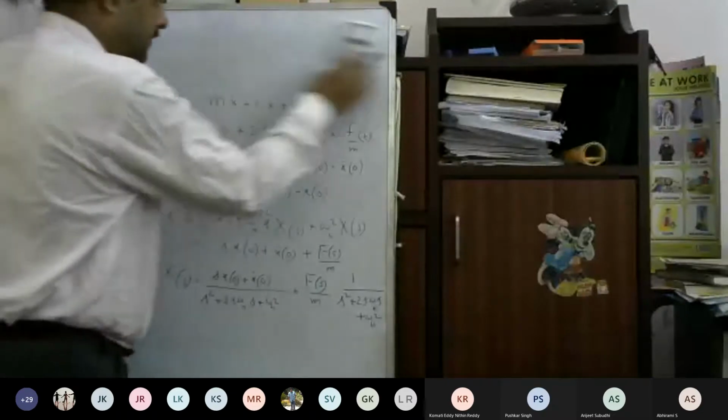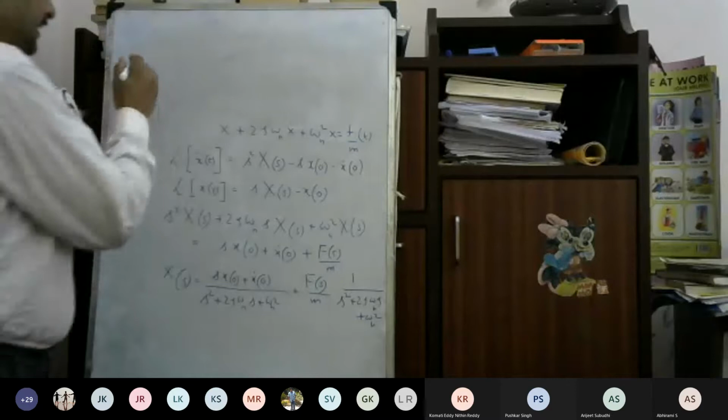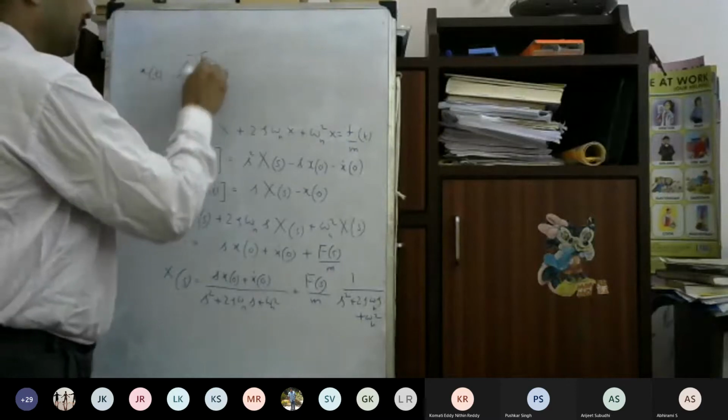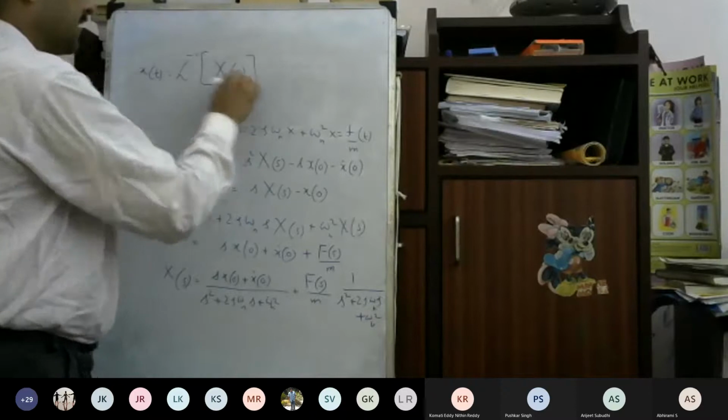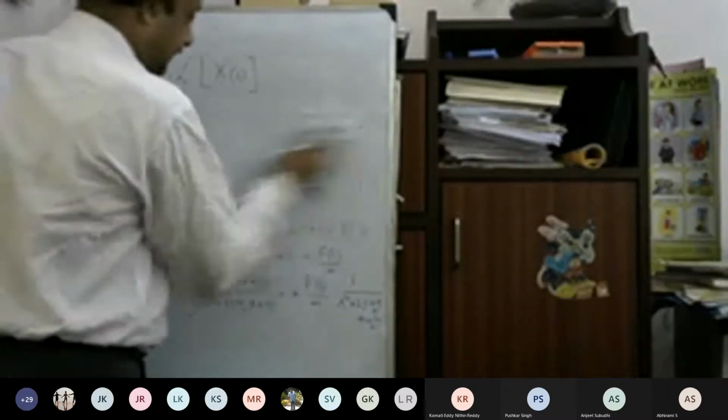Now the next step will be to get the function, that means x(t), which will be the inverse Laplace transform of X(s).